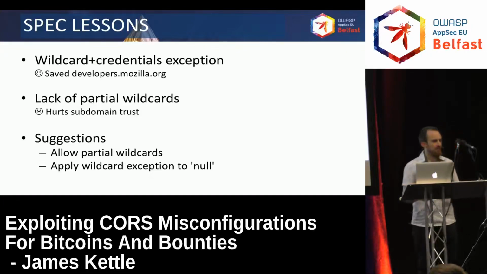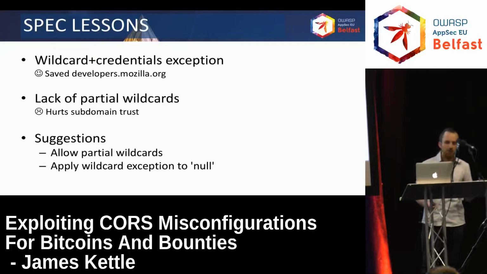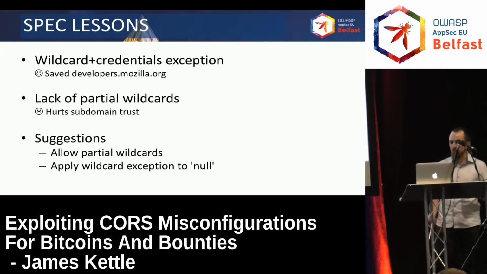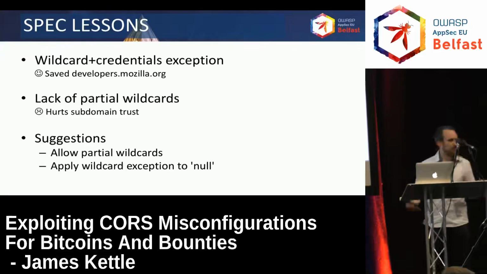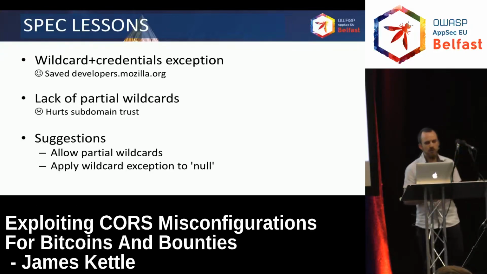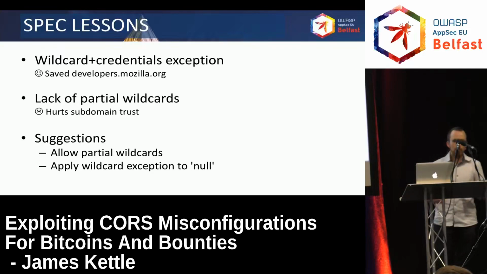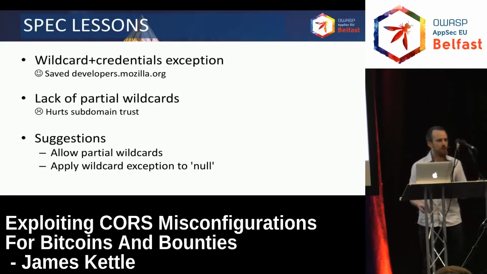I actually suggested this to the W3C earlier this week, and someone from Dropbox replied and said, actually, Dropbox relies on having credentialed access to the null origin. So that might be problematic. I just need to persuade them to implement it in a different way, and we might be able to push that forwards. Also, I think the specification should allow for partial wildcards to let people with a static value trust all their subdomains and reduce the number of sites forced to do dynamic generation.